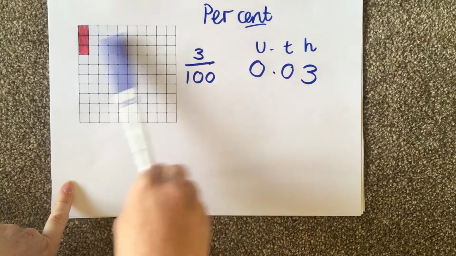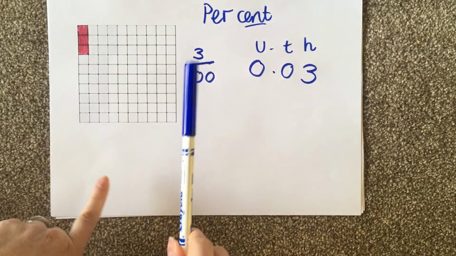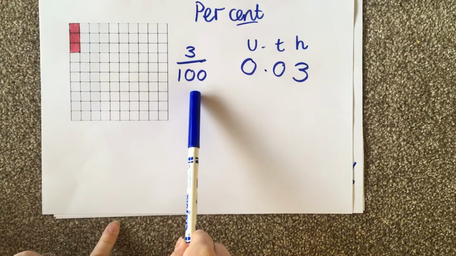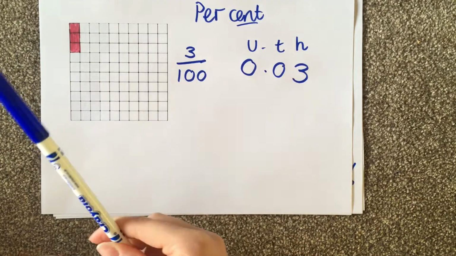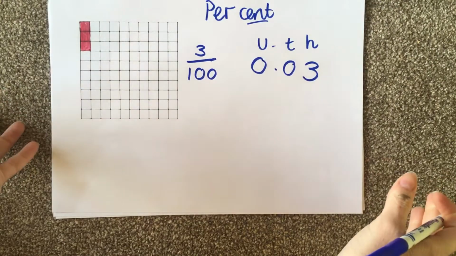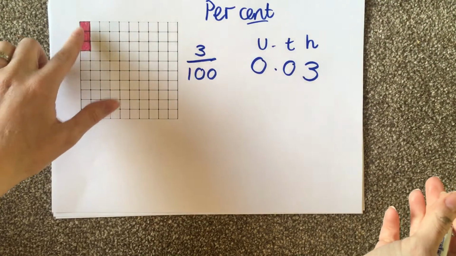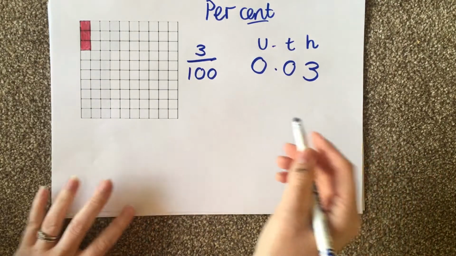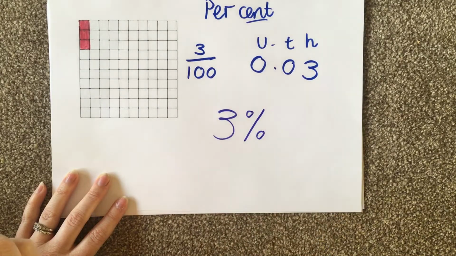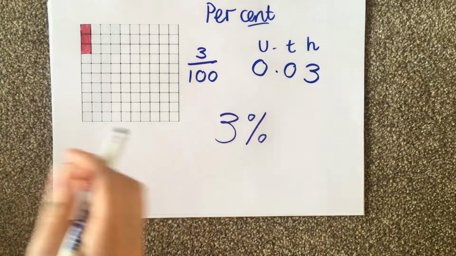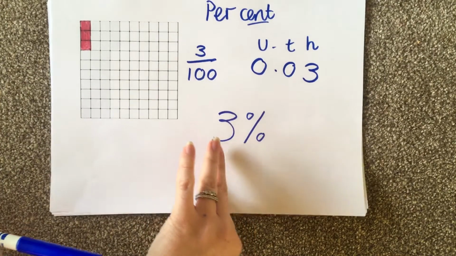So far, if this was my whole object, then the bit coloured in would be 3/100ths or 0.03 of the whole thing. What about a percentage then? Well, if it's 3 out of the 100, then that is very simply 3%.